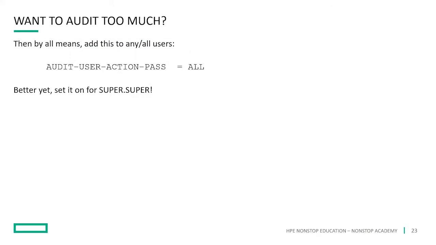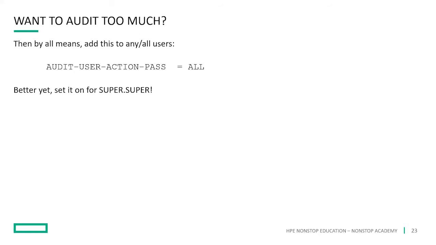Once again, if you want to audit too much, set audit user action pass on a user. If you want to see entirely too much, set audit user action pass to all for super. What audit user action pass does is it audits everything a user does.